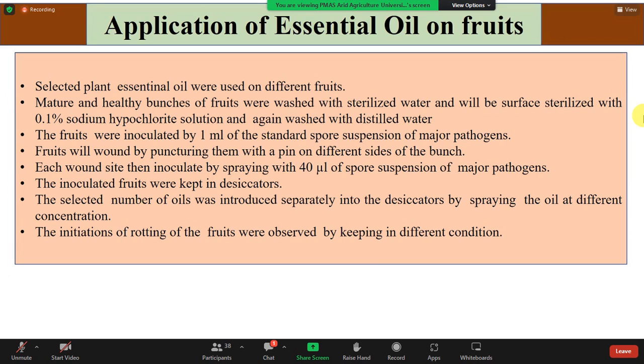Now the question is how we would apply the essential oils on our fruits in in vivo conditions. For this, the selected fruits are washed, and healthy bunches of fruits are washed and surface sterilized with a 0.1% sodium hypochlorite solution, and again washed with distilled water.